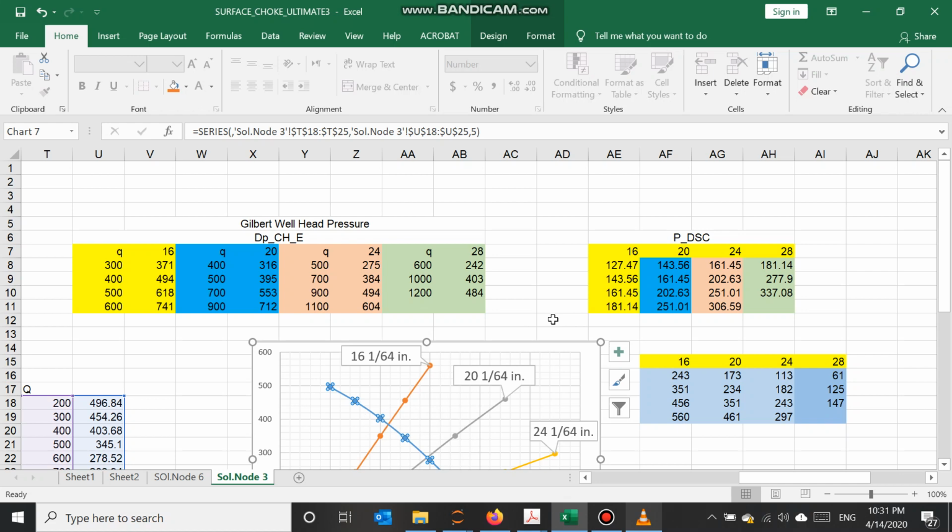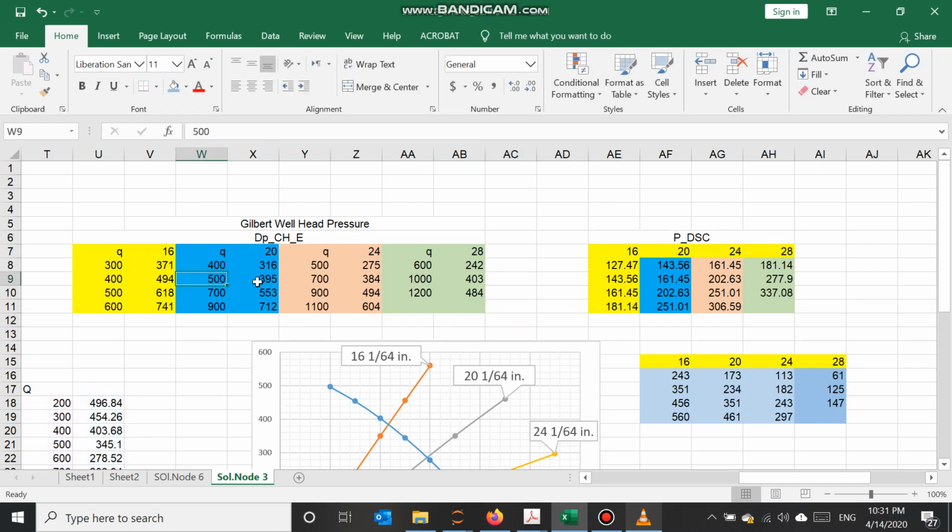So you have to take out the big pressure drop from after the choke until the separator, to get only the delta P through the choke analytically, which I did here. So over here for 16, these are the delta P analytic, and these ones are delta P graphic.